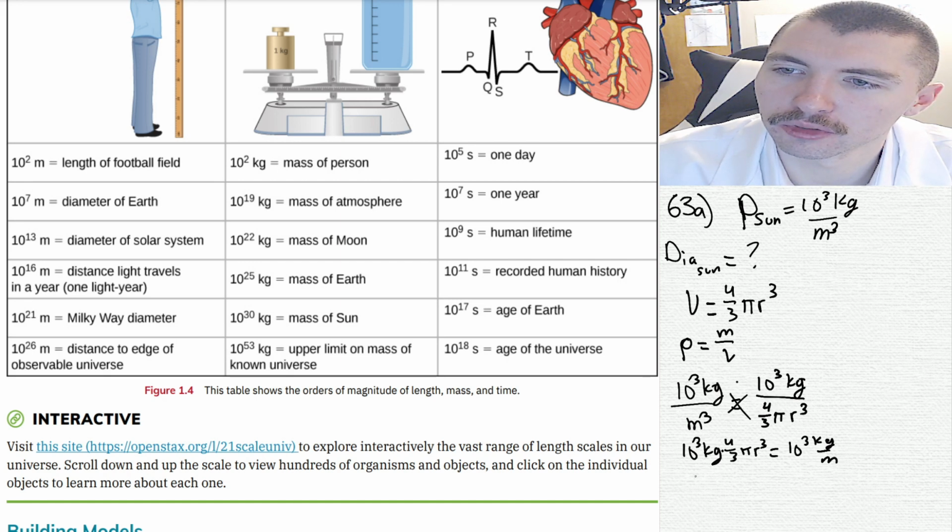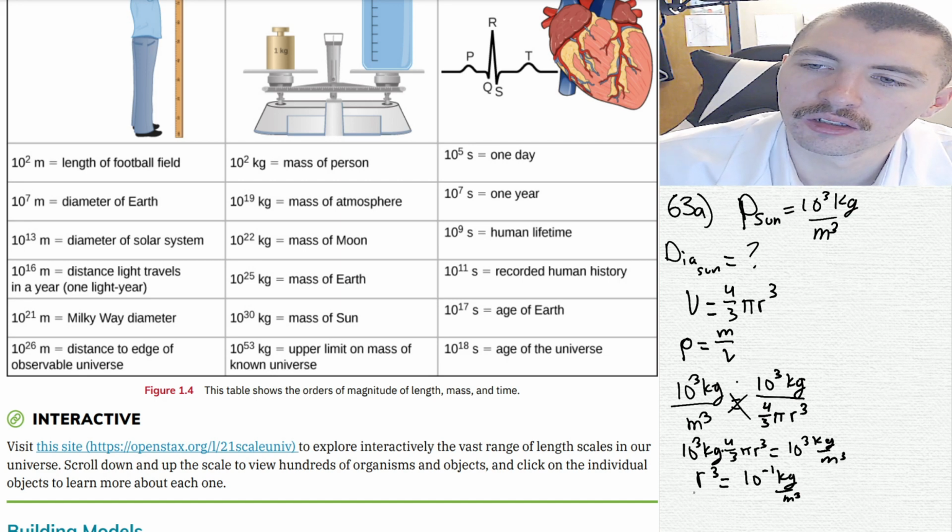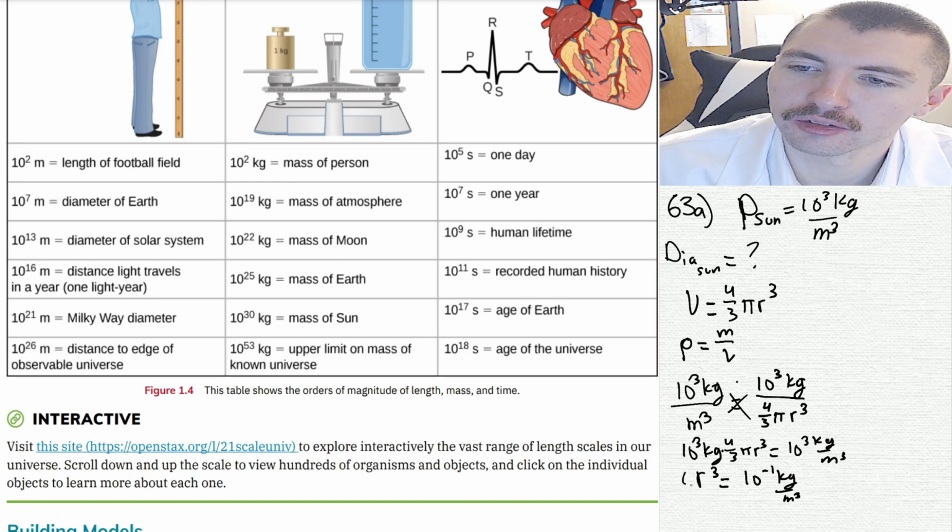Okay, so we're going to get r cubed is about, let's say, 10 to the 4. So let's say 10 to the -1. So we are going to take both sides to the 1/3 power.